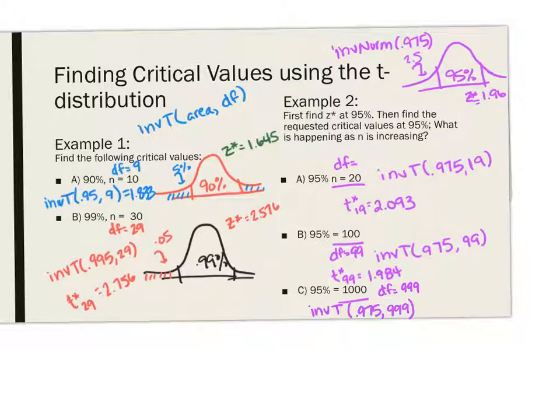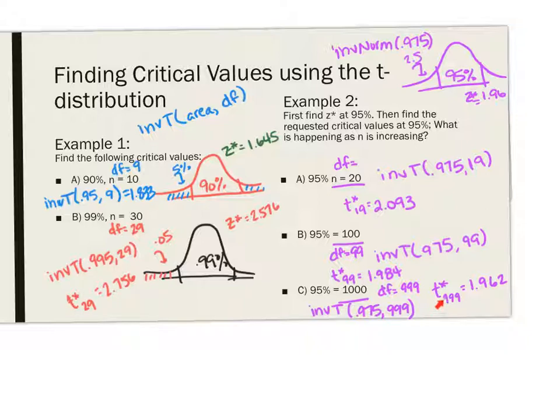And I get, well, here your T star at 999 degrees is 1.962.